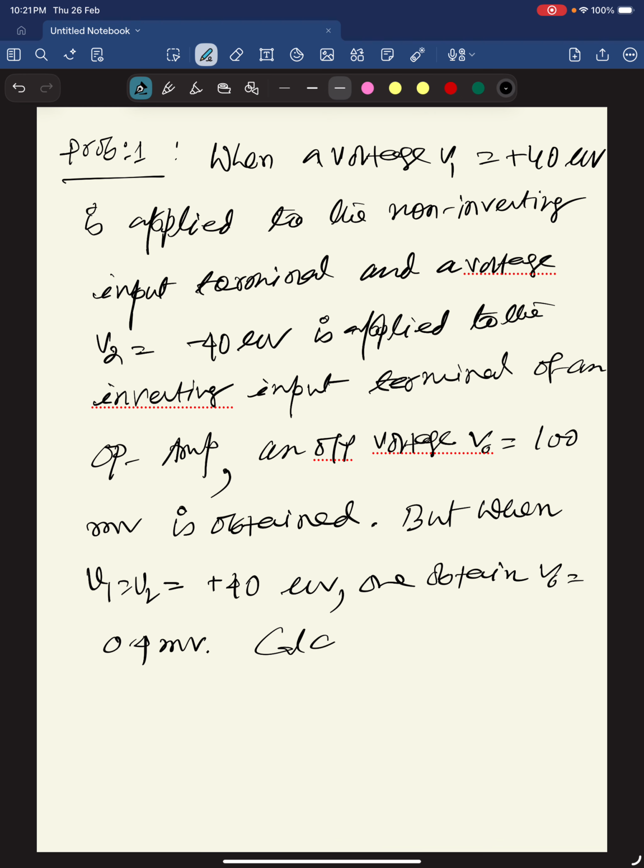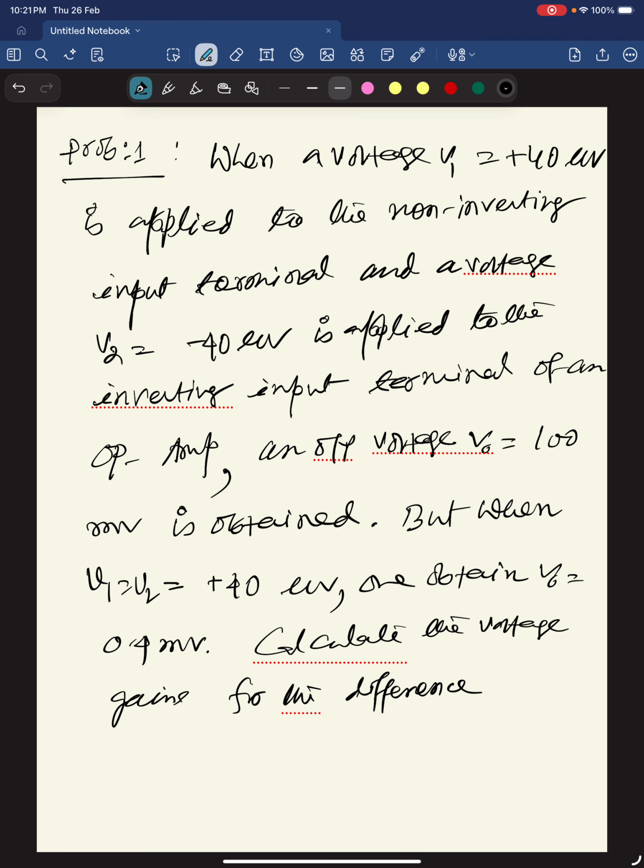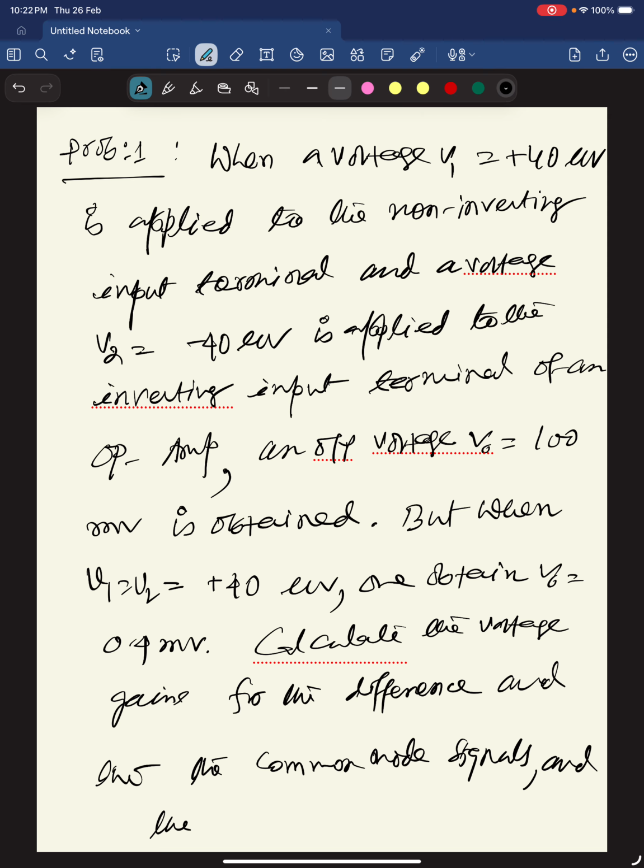Calculate the voltage gain for the difference signal and the common mode signal, and the common mode rejection ratio.